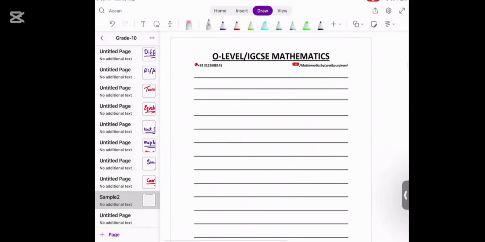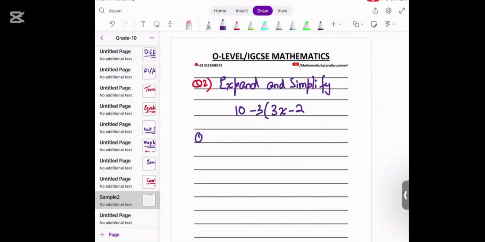Okay, now see some more questions of past paper. For example, the question is: expand and simplify 10 minus 3(3x minus 2).